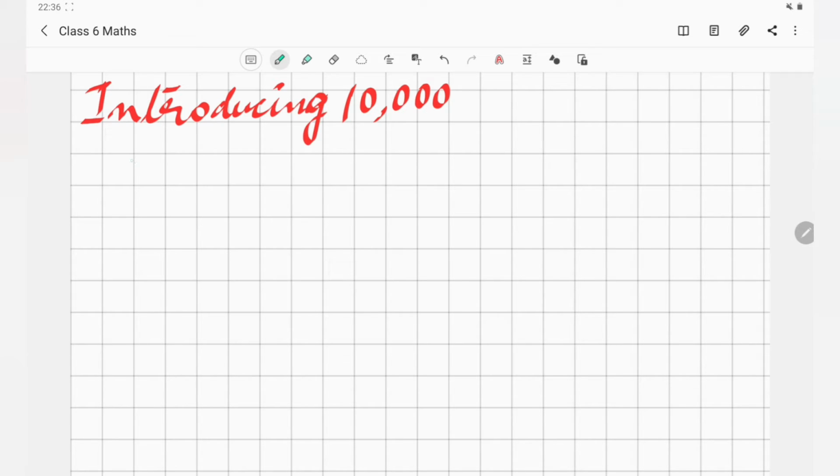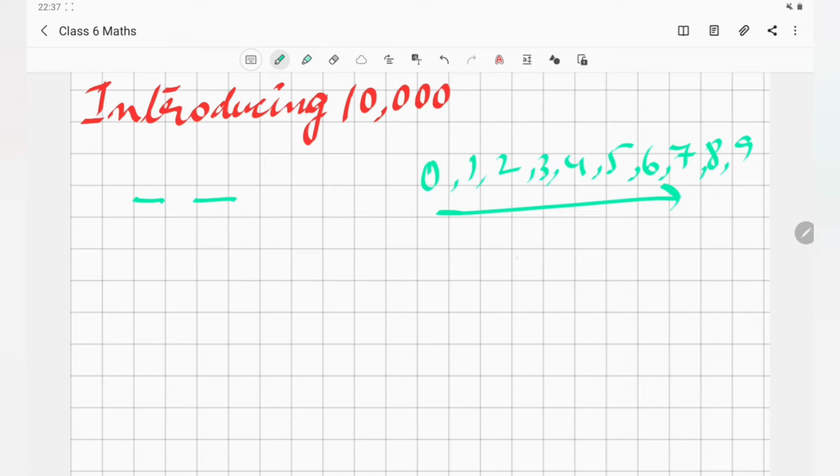I'll just ask a question. What is the biggest 2-digit number? If you apply the concept of ones and tens, for 2 digits let us create 2 places, and we know from 0, 1, 2, 3, 4, 5, 6, 7, 8 and 9, arranged in ascending order, right?